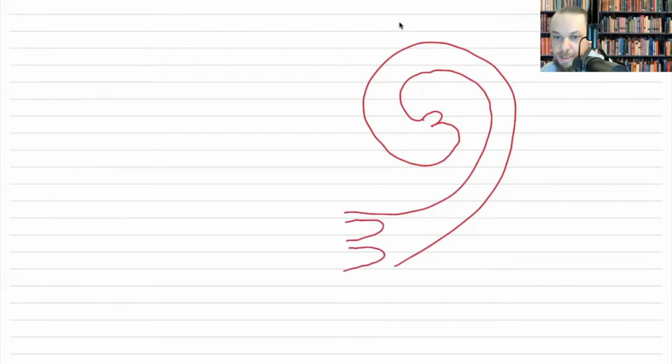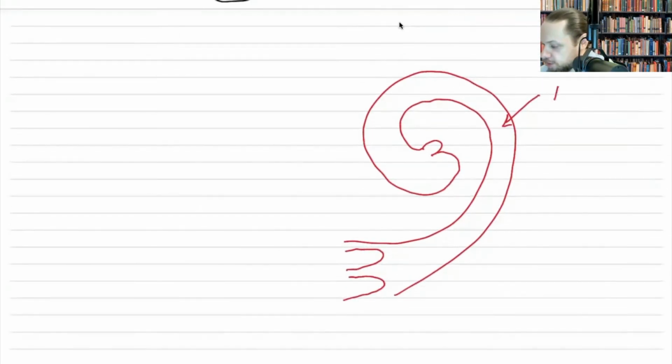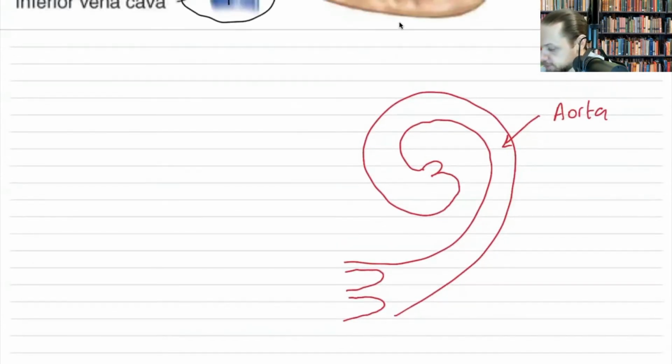So here, we're going to say this portion of this vessel, this is called the aorta. This is the aorta.